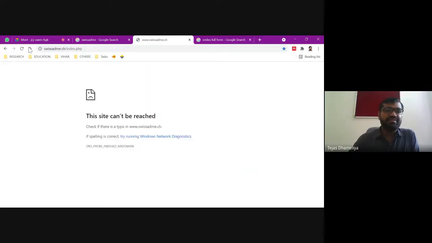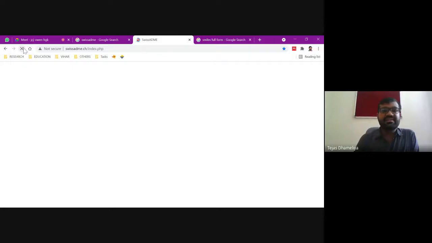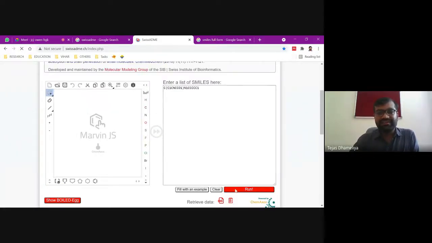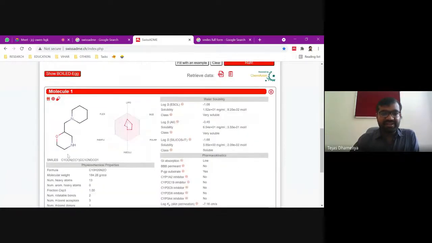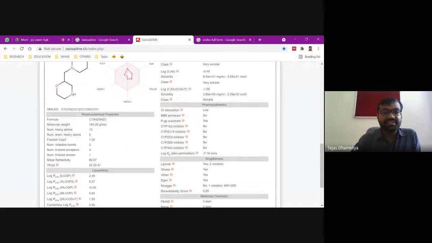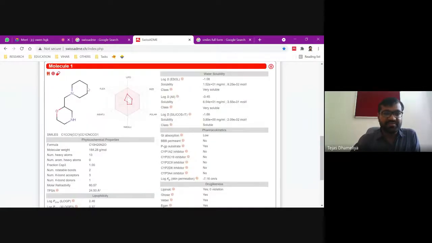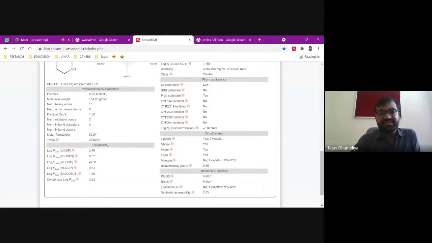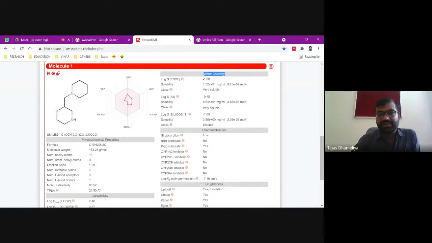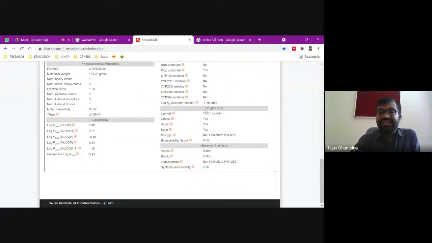I'm going to demonstrate to you what these properties will be for one molecule. The moment I click on run, you can see that several properties are there on your screen: the physicochemical properties for your molecule, lipophilicity, a bioradar map, water solubility, pharmacokinetics, drug likeness, and medicinal chemistry properties.